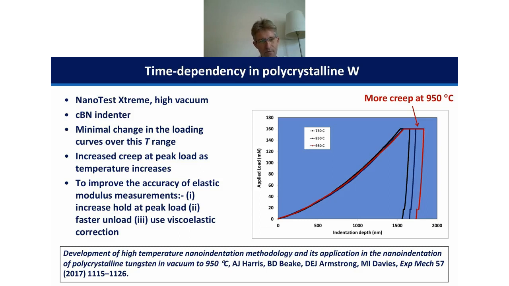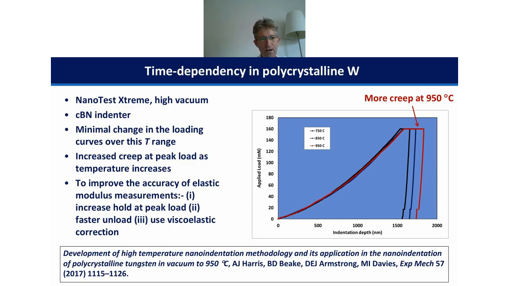So I mentioned earlier that time dependency was an important thing to consider in high temperature behavior experiments. This is an interesting example on a polycrystalline tungsten sample, where there are indentation curves at 750 to 950 degrees.